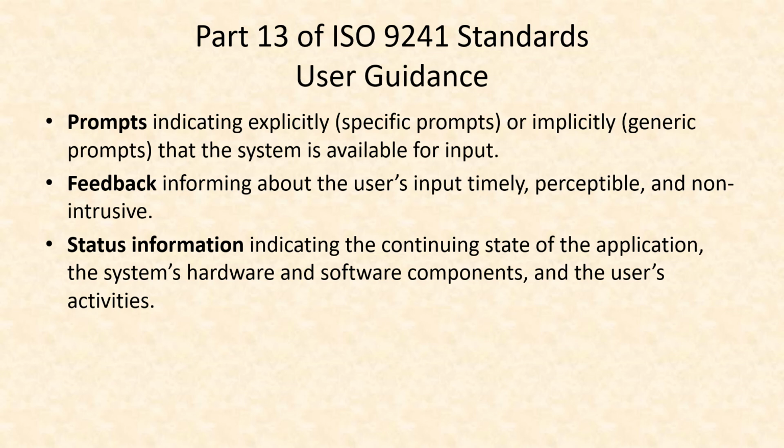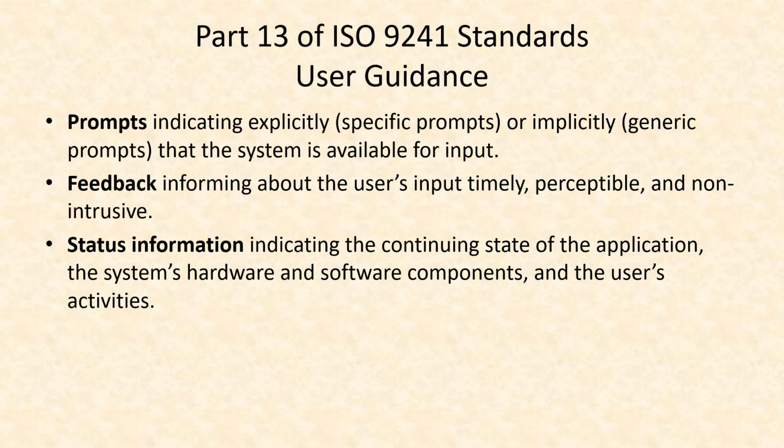Think about, for example, when you're typing in your phone number or your credit card number, on whatever interface you're facing at the time. Do you type in dashes? Do they want no dashes? Is there something else that they want? Is there an example of that? So that would be an example of very explicit prompts.